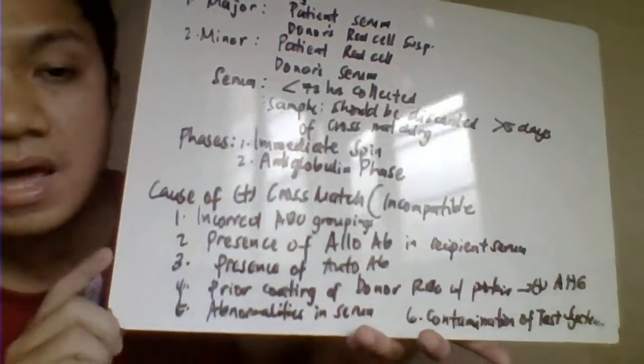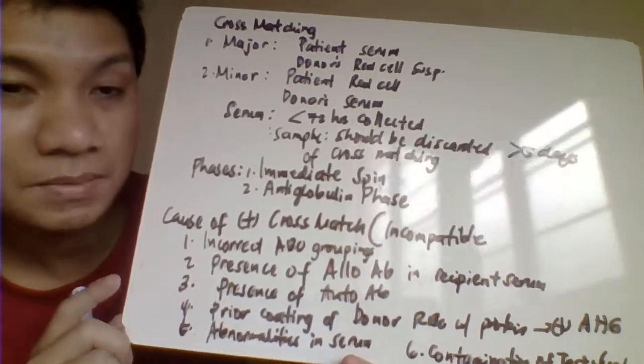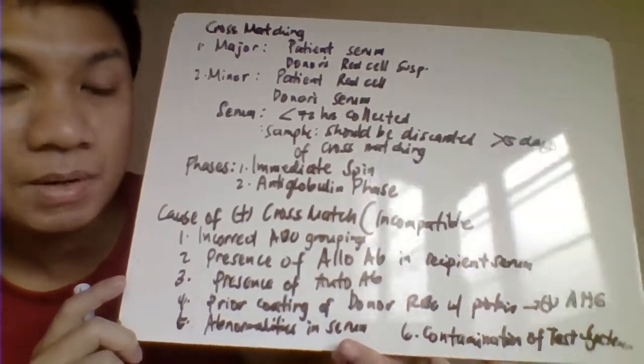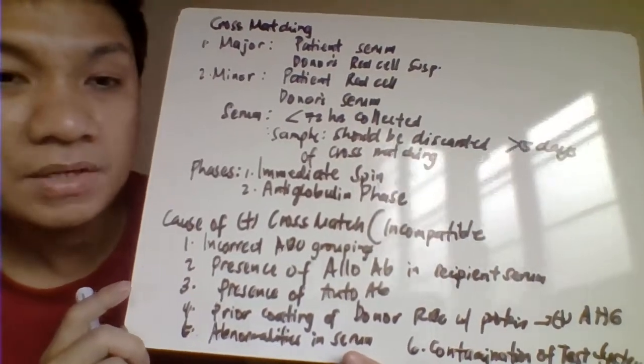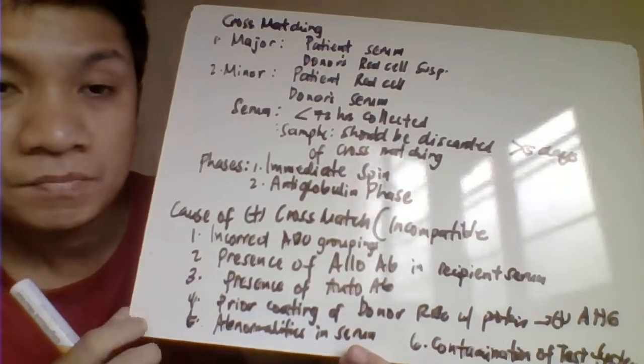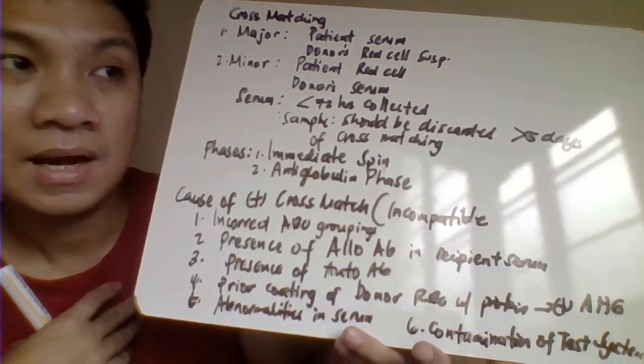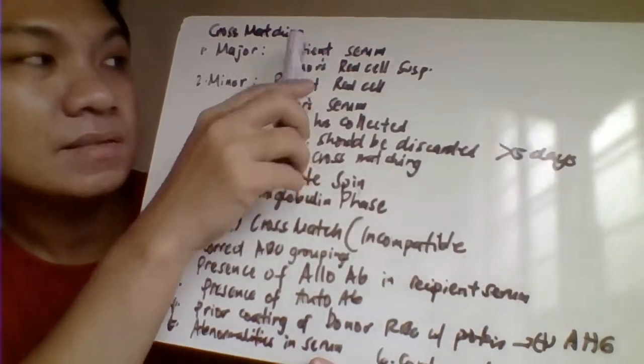Okay, we have here the procedure for compatibility testing. For compatibility testing, we have two types: the major and the minor crossmatching procedure. The major crossmatching procedure is done by the PSDR, so patient serum, the recipient serum, and what you mix in there is the donor's red cell, PSDR.